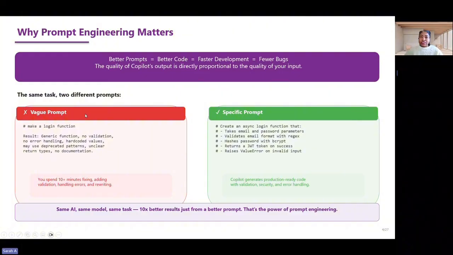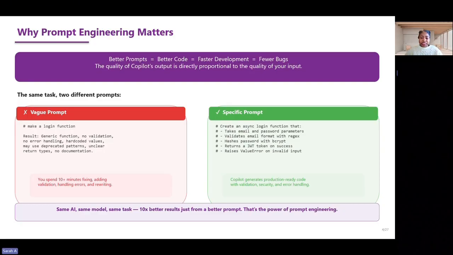Now let's look at this same task with two different prompts. Can we notice the difference between prompt A and prompt B? Take your time, take a look at it. If you look at the vague prompt, it says "make a login function." That's just 5 words. What will Copilot do with it? It will just guess.